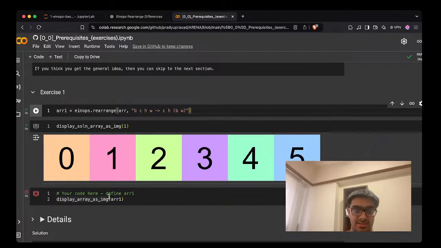Okay, so let's do this now. Let's do this a little slowly. We gotta stack it, right? Let's stack it. So, how have we stacked it?